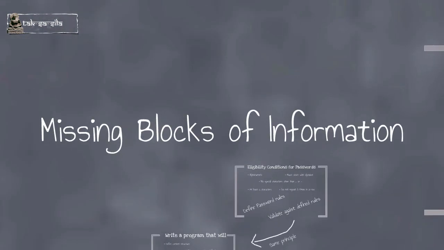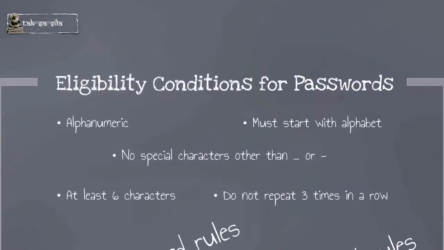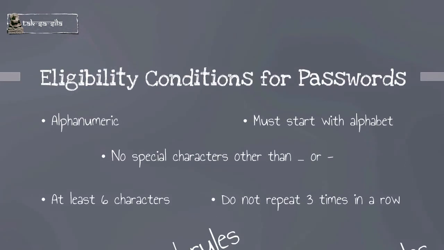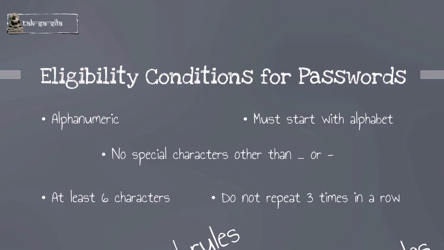The fourth issue, missing blocks of information. You can definitely detect missing block of information in your content. Have you ever faced a situation where you are trying to set a password, say for your email account, and the system rejects your password because it does not meet the eligibility conditions? The system had defined that your password must be alphanumeric.